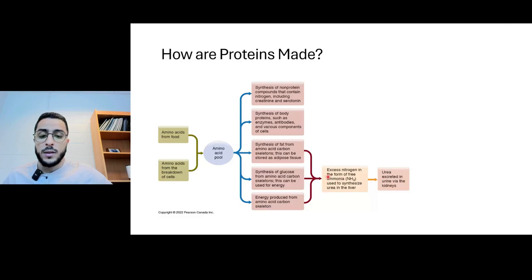Okay, so urea is what eliminates the excess nitrogen in your body. And this comes from the reactions in your body that use the amino acid pool to produce X, Y, and Z, and whatever is left, because the ammonia group is released from these reactions, it will be used to form urea, and urea gets excreted.